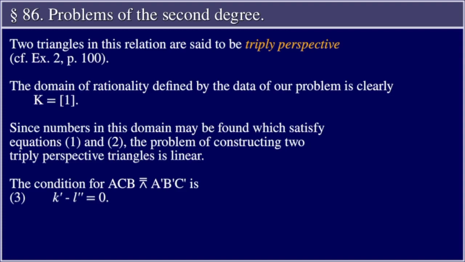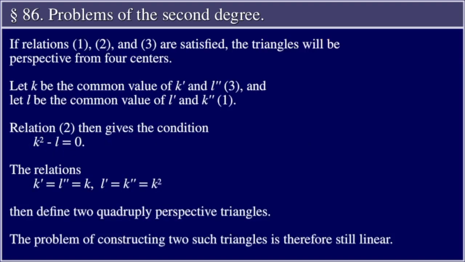The condition for ACB perspective with A', B', C' is equation 3, L' - L'' equal to 0. If relations 1, 2, and 3 are satisfied, the triangles will be perspective from four centers. Let K be the common value of K' and L'', equation 3, and let L be the common value of L' and K'', equation 1.